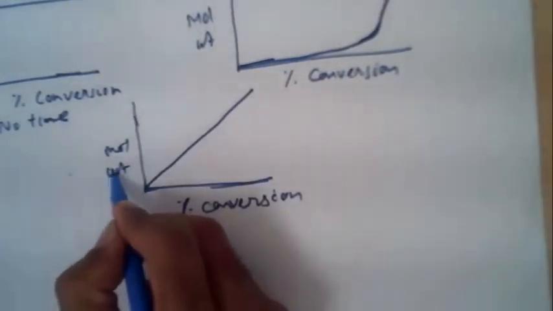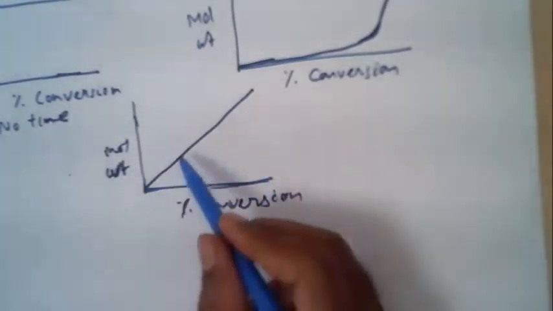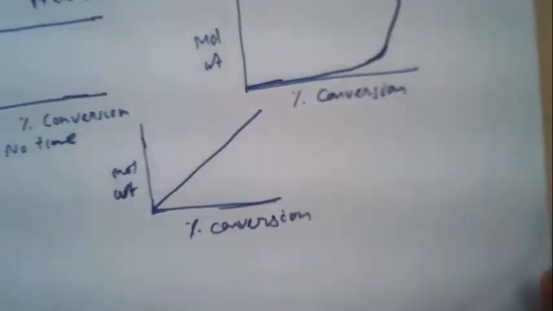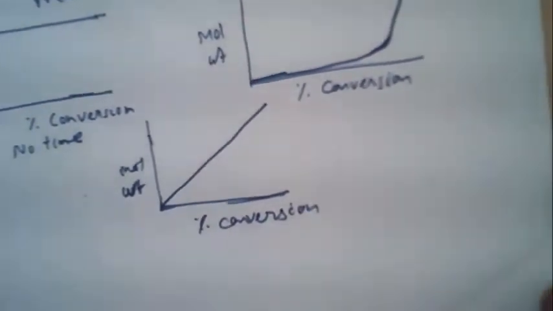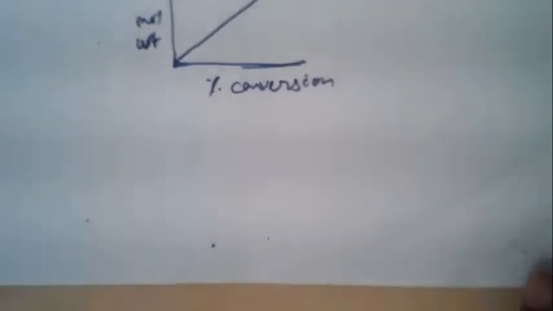So the molecular weight buildup will be gradual, maybe linear with respect to the percentage conversion. Okay, so this is about how these different polymerization reactions and their kinetics. Of course, we have excluded all the kinetic equations here.